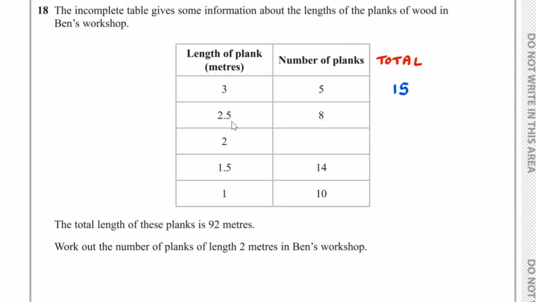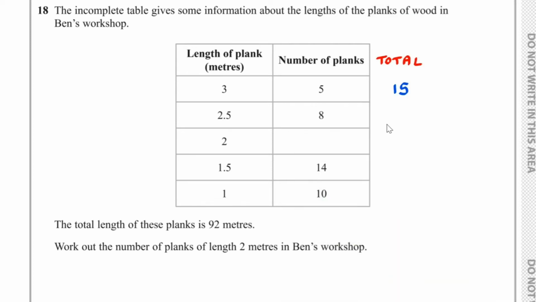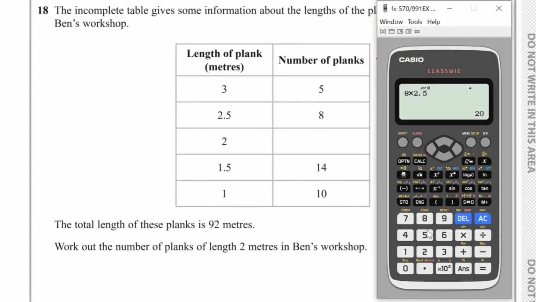So the total length for the 2.5 meter planks, we've got 8 times 2.5, which is 20. We'll come back to the 2 meter planks. Then we've got 14 1.5 meter planks, and so the total length of those 1.5 meter planks, we've got 1.5 times 14, which is 21.